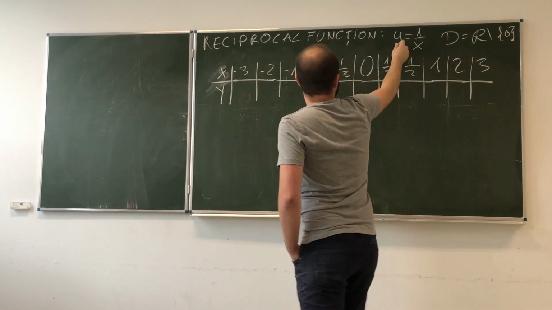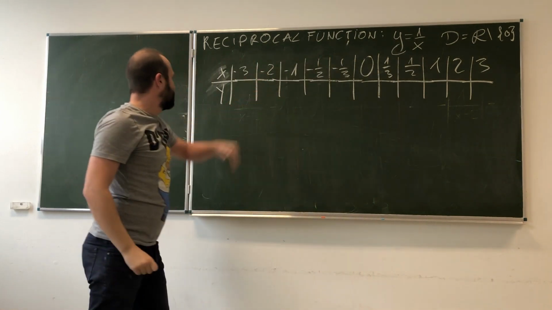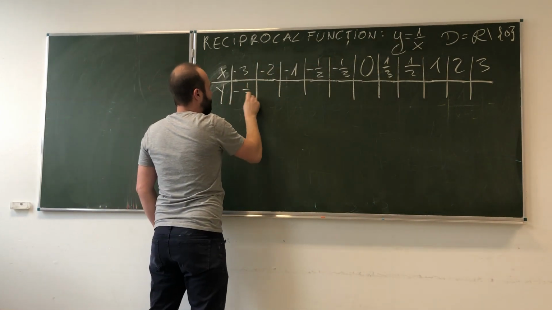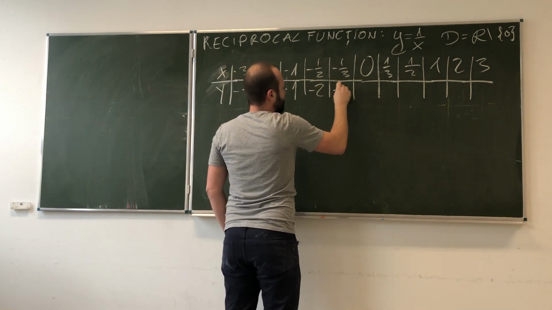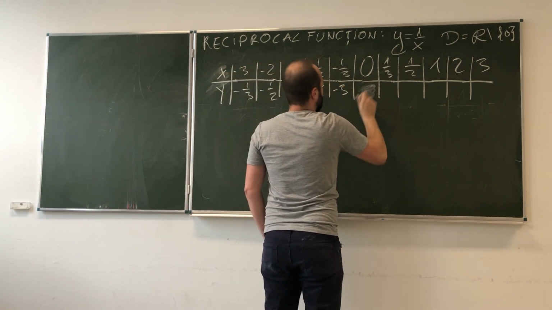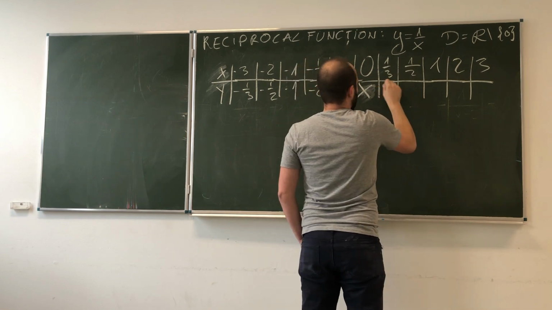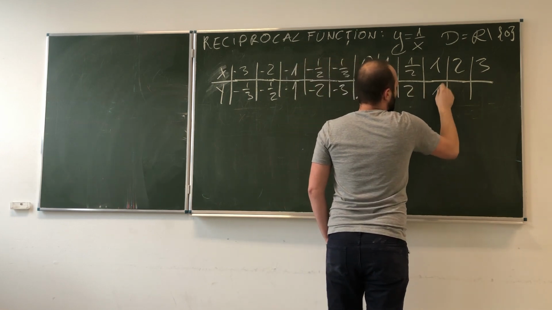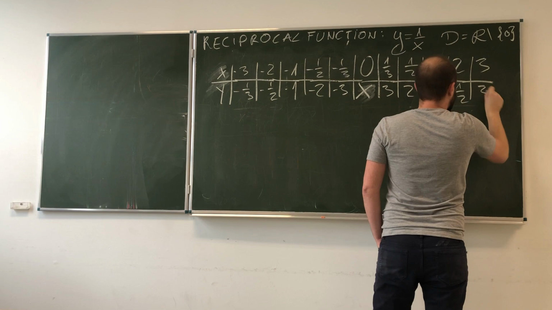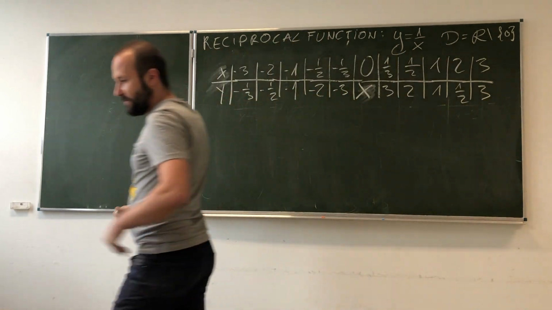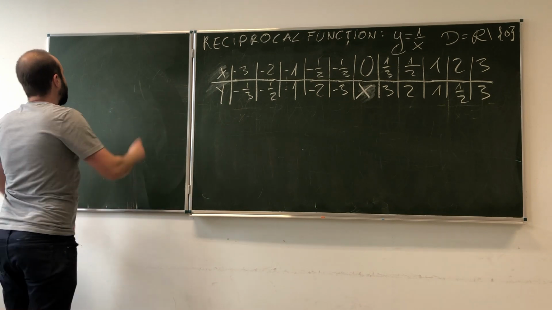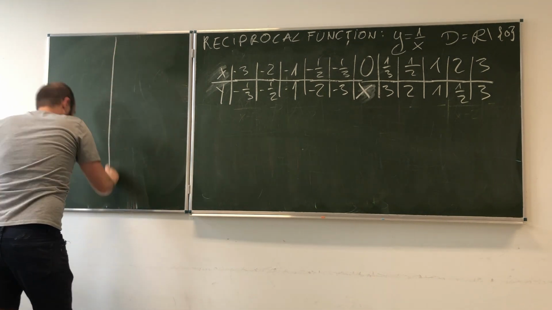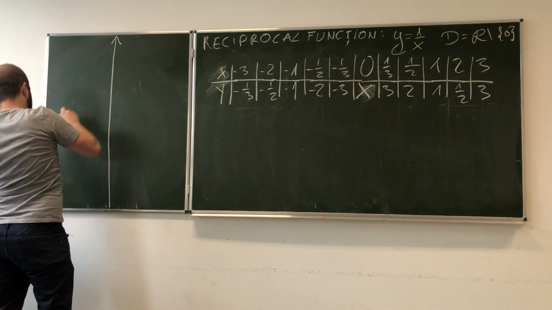Okay, so we remember, of course, all the values for this function: -1 over 3, -1 over 2, -1, -2, -3, for x equal 3, 2, 1, 1 over 2. Okay, and of course we know how to draw it very, very well.